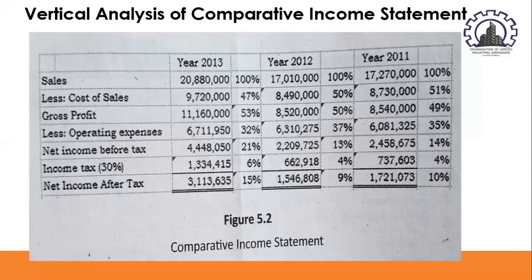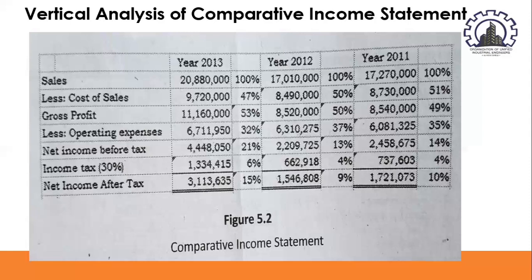And the percentage of operating expenses is computed by dividing 6,081,325 total operating expenses by 17,270,000 sales. Now, as a learner, try using a calculator in computing the percentages for years 2012 and 2013 as shown in our figure. Now, how do we interpret this one?